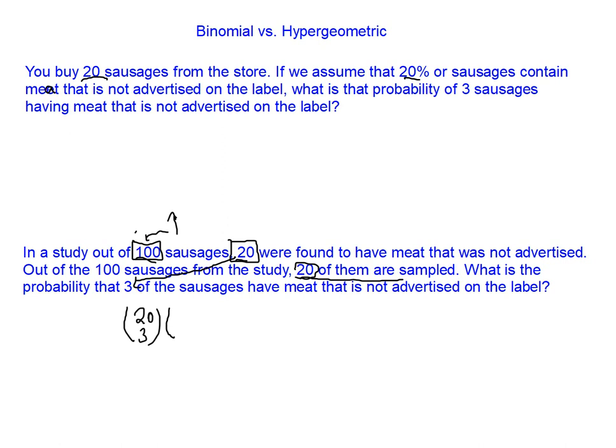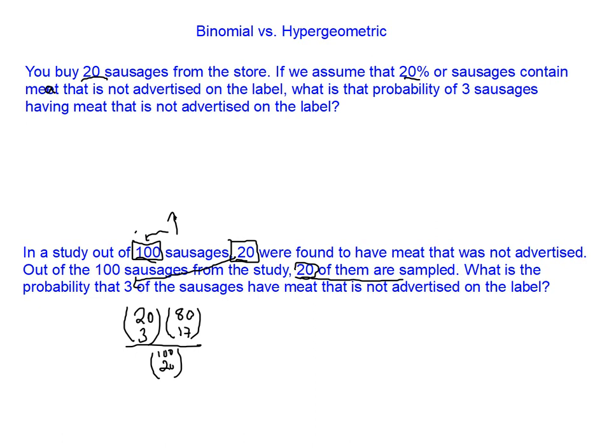We have 80 left that don't have the meat that's not advertised, and we want 17 of them to round out our 20 sausages. And this is all out of the total number of sausages choose 20.